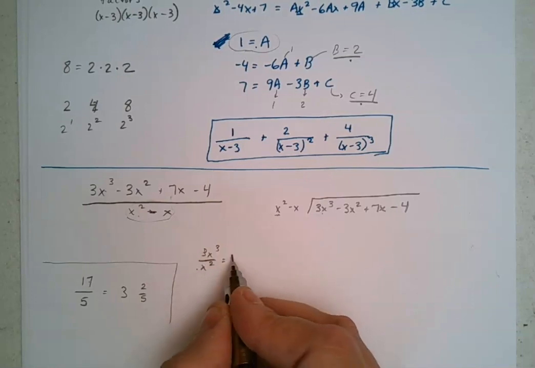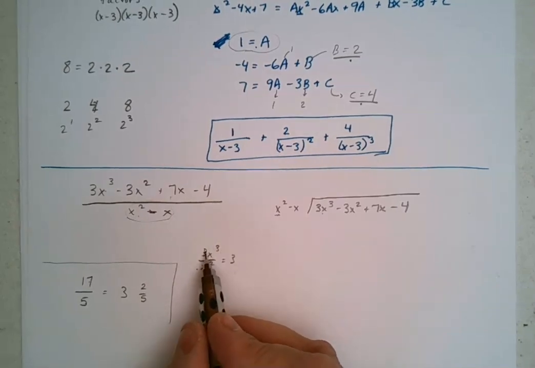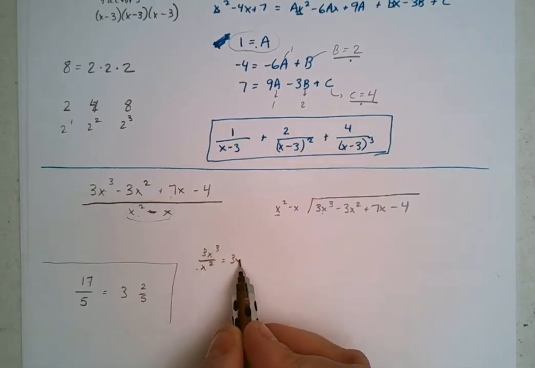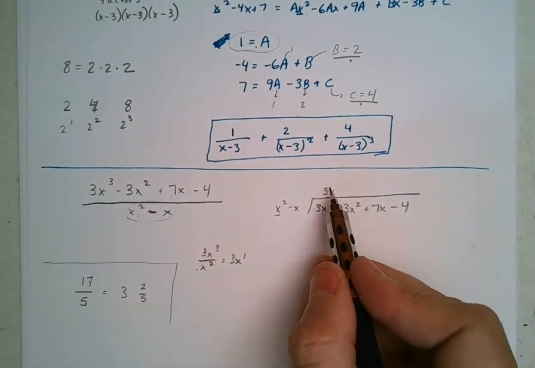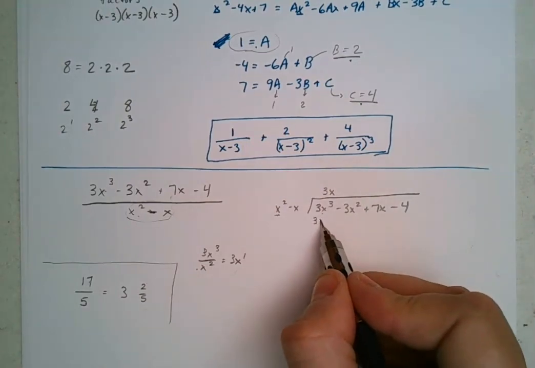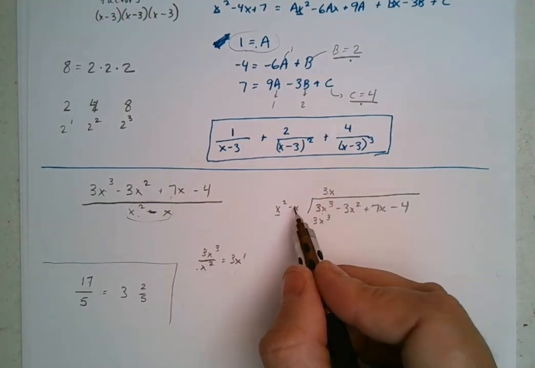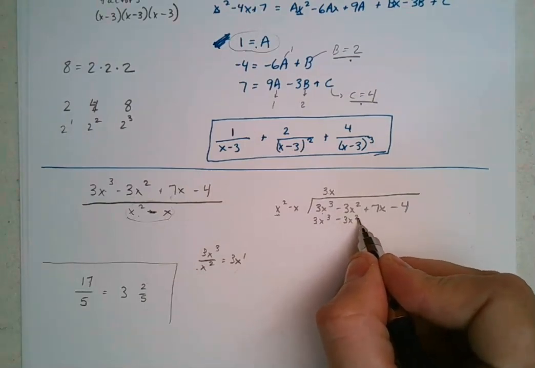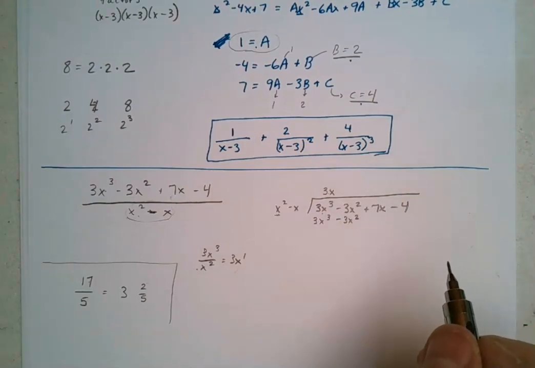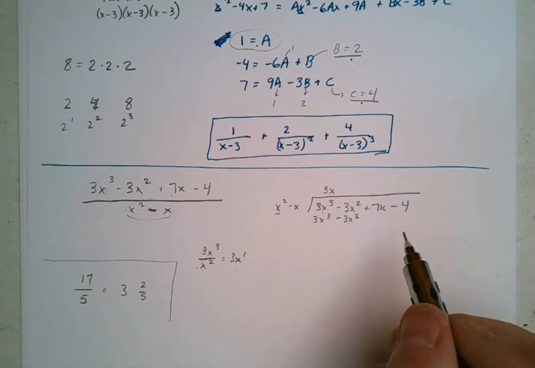Remember, 3 over 1 is 3. And we subtract, so 3 minus 2 is 1. So this is 3x up here. 3x times x squared is 3x cubed, and 3x times negative x is negative 3x squared. Okay, negative 3x squared. Then what?